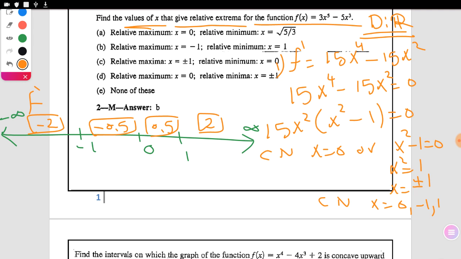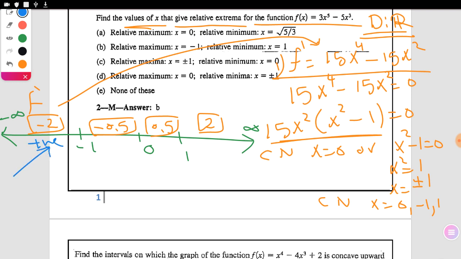I replace in the first derivative. I solve it mentally, but I use this form. Negative 2 gives positive, so the function is increasing.